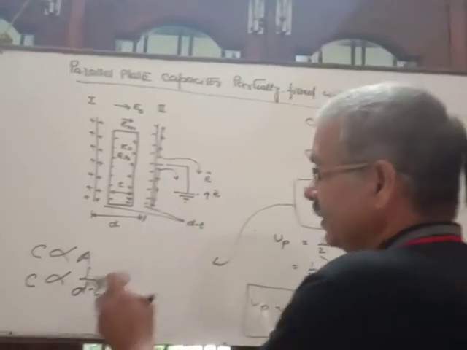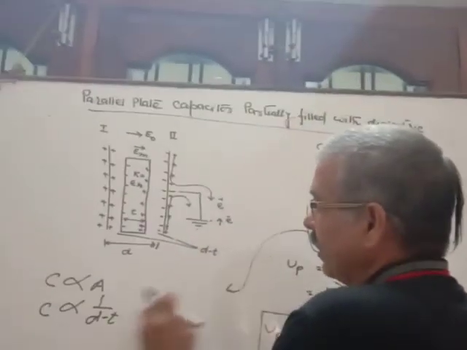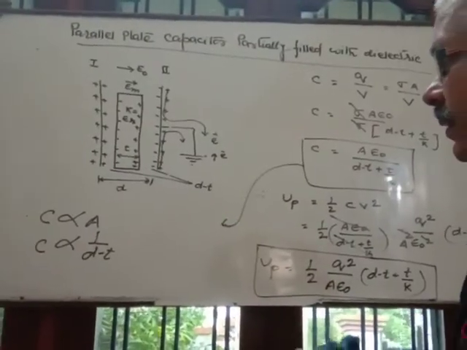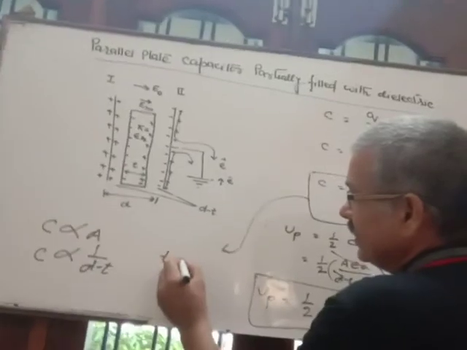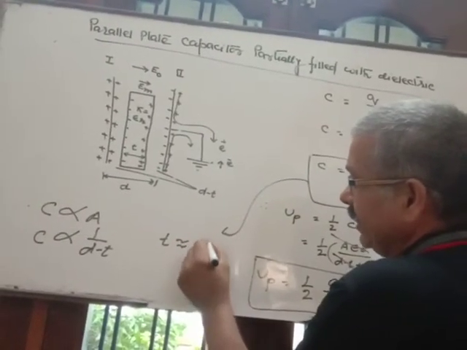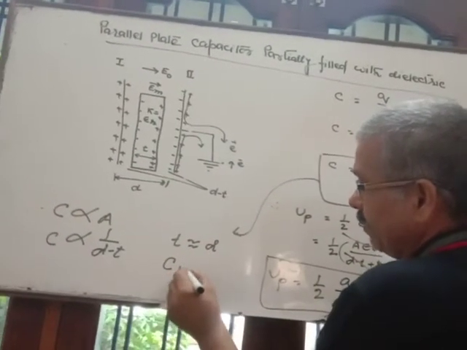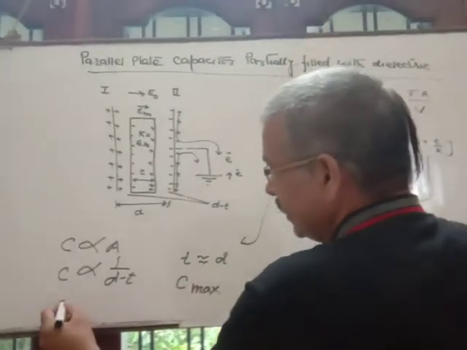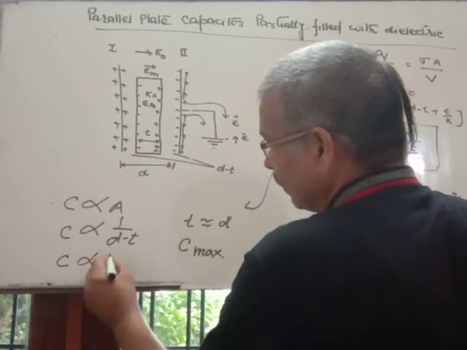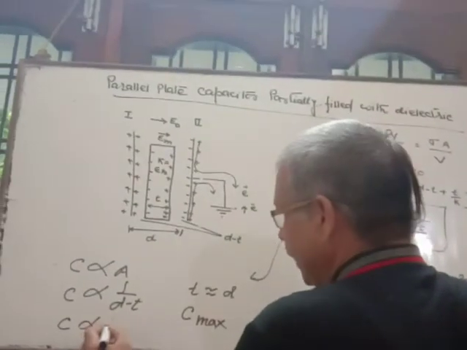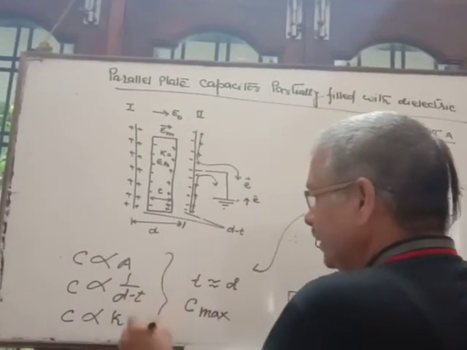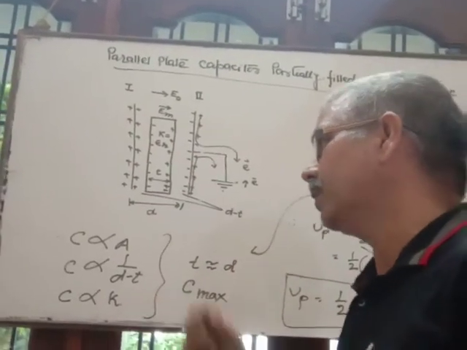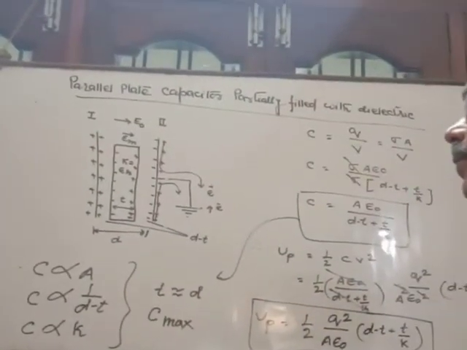If it is less, the space for air is less, then the capacitance will be more. It means if T is nearly equal to D, then C becomes maximum. And capacitance C is directly proportional to K. It means if the dielectric constant of the medium present in between the plates is more, then the capacitance will be more.